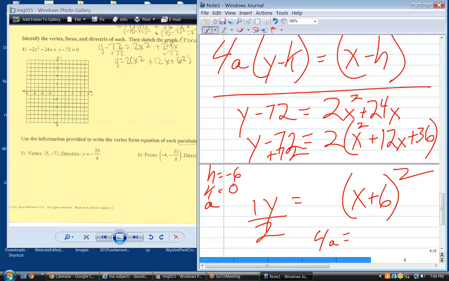One-half. In other words, I can equate that coefficient with this 4A. So 4A equals 1/2, which makes A equal 1/8. So your focus is 1/8 away from the vertex.